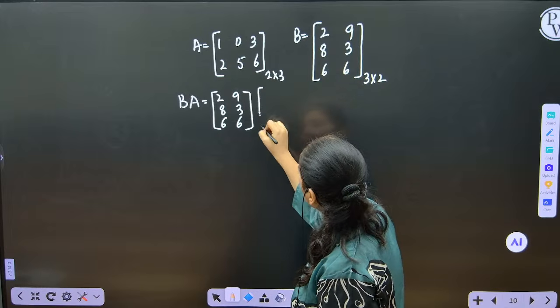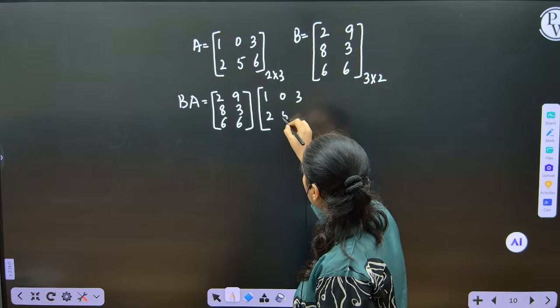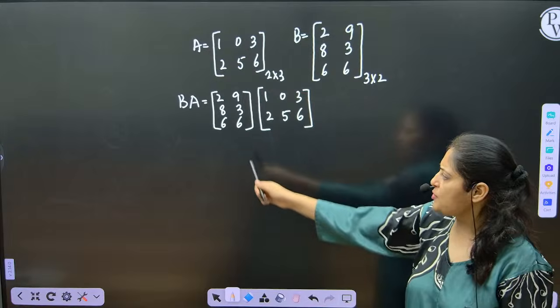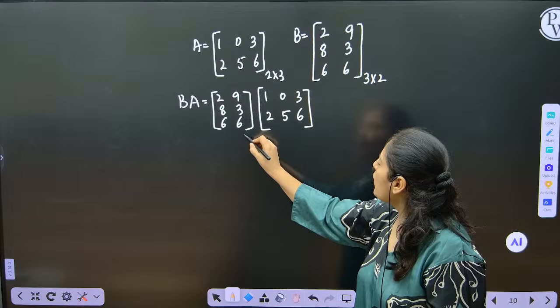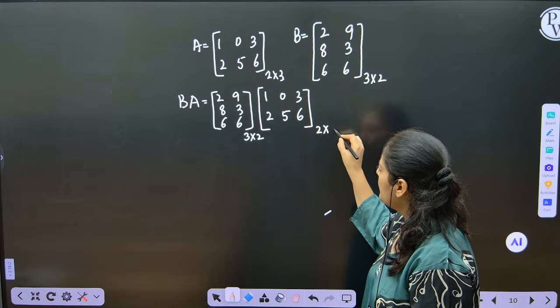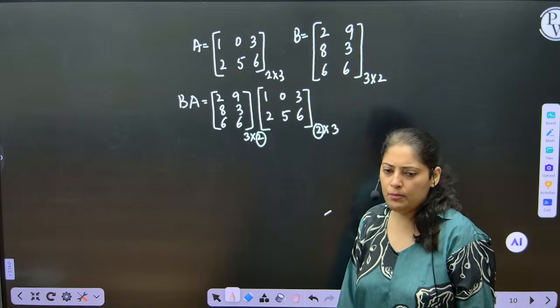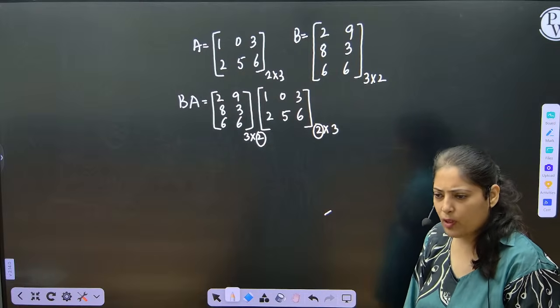Then we'll keep the A matrix, 1, 0, 3, 2, 5, 6. First we have written B, then we have written A. Now this is 3 cross 2, and this is 2 cross 3. The number of columns should be equal to the number of rows. The first condition is satisfied. Okay.